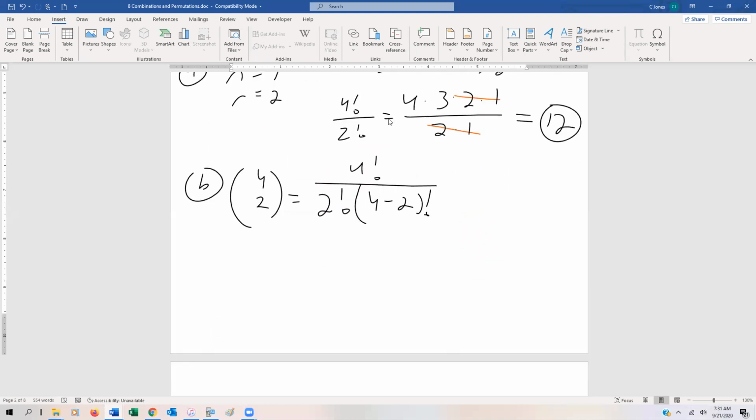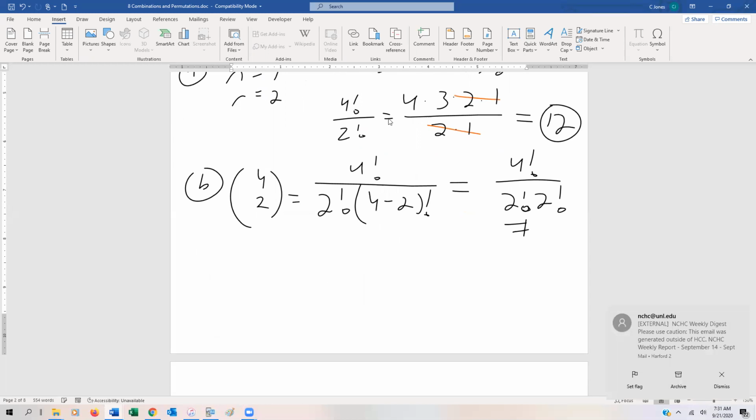When we evaluate, this is going to be 4 factorial divided by 2 factorial times 2 factorial. Notice that this is not equal to 4 factorial. You can't multiply those two and get an answer for that.